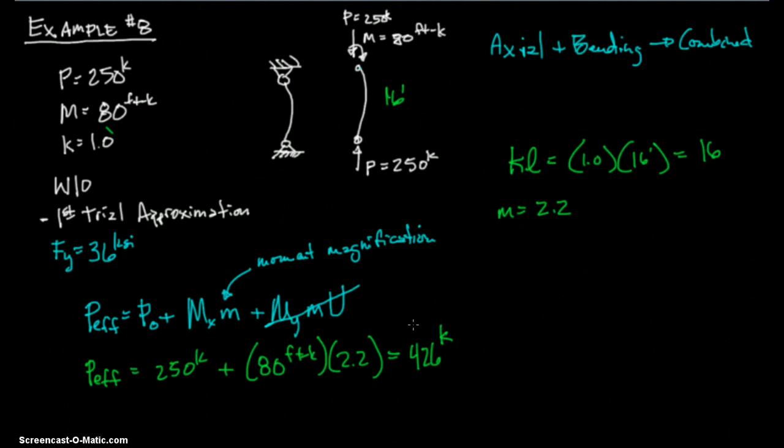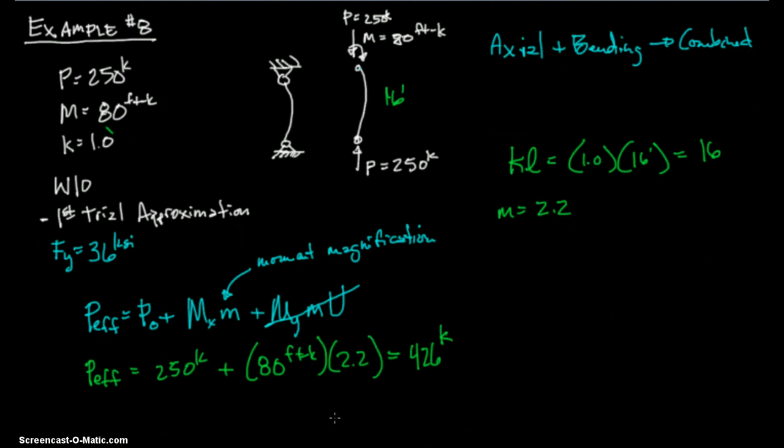And then we enter this number, the 426, into the table on page 329. I know this isn't horribly intuitive, but this is why you've got to know your Steel Manual. On page 329, you have columns, W10 columns. You can see that up in the middle, it says designation W10, and you go down, and my KL we know is 16, and we want to go over from 16.